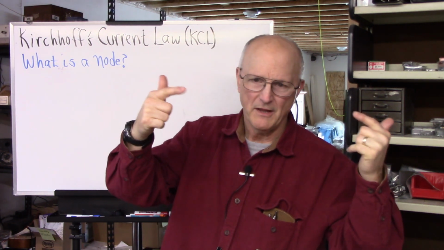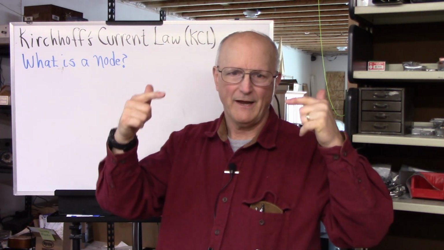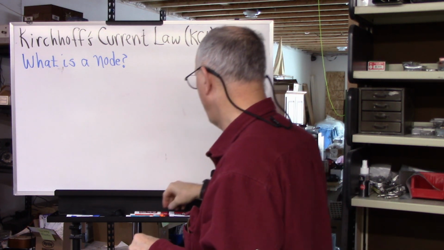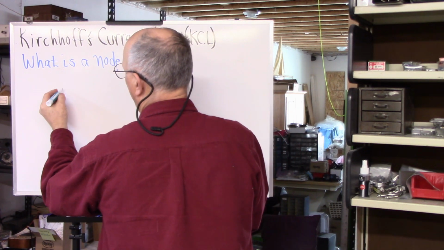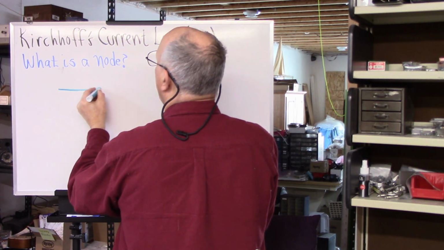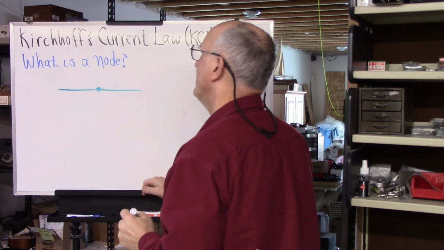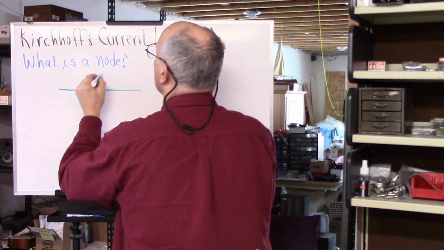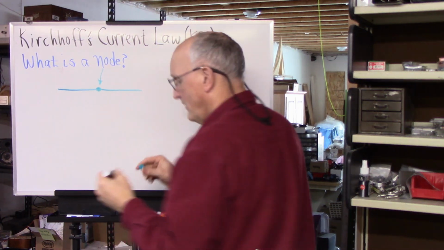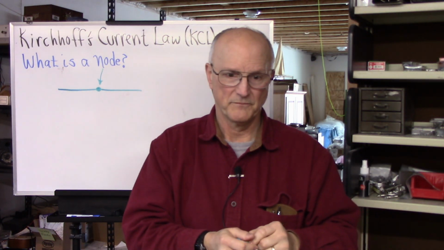Wherever two or more things connect at one point, this is a node. So you have a wire coming in here, and you have a connection point and a wire coming out here. This here is a node.